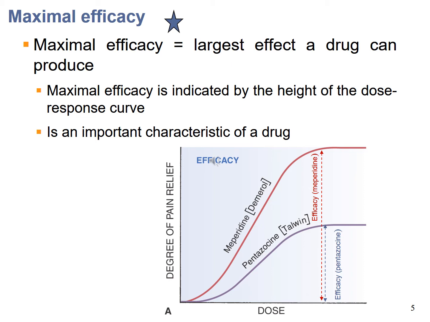The dose is on the x-axis, and if you see where those arrows are pointing, that would be the dose for each drug, but meperidine has a higher dose response, so its maximal efficacy is higher than for pentazocine.